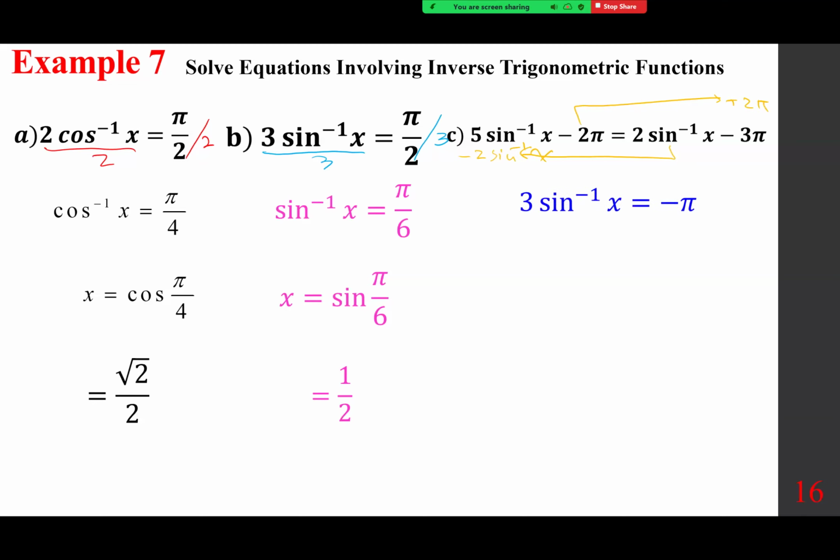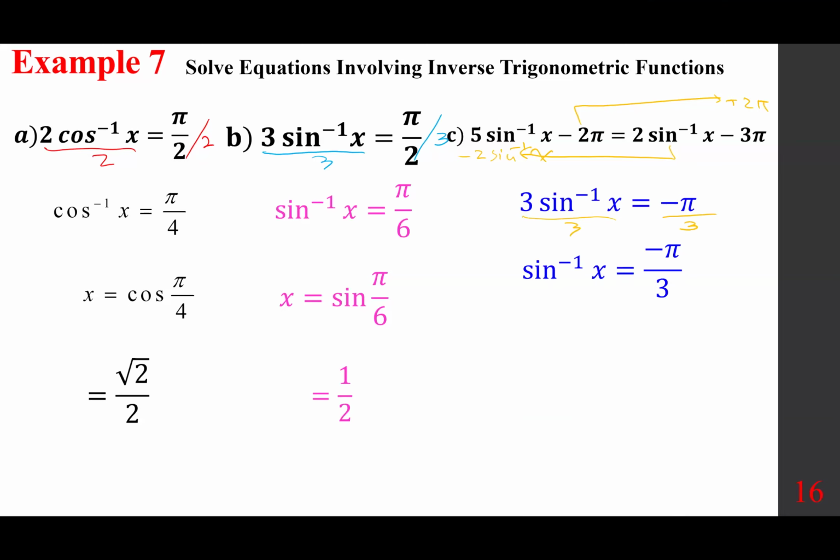We get 3 sine inverse of x equals minus pi. Divide by 3. Sine inverse of x equals minus pi over 3.